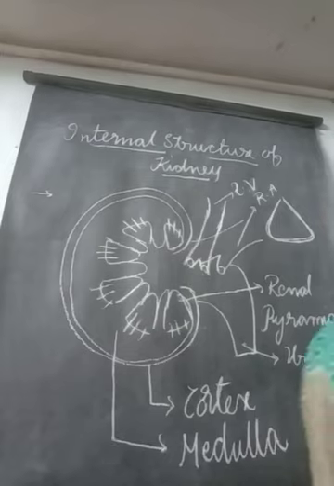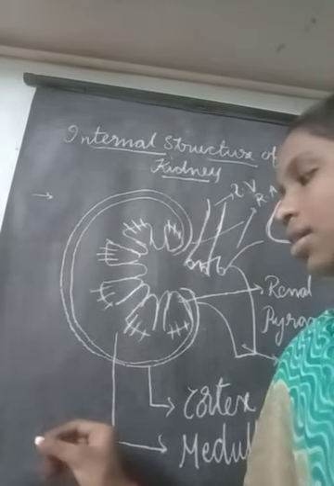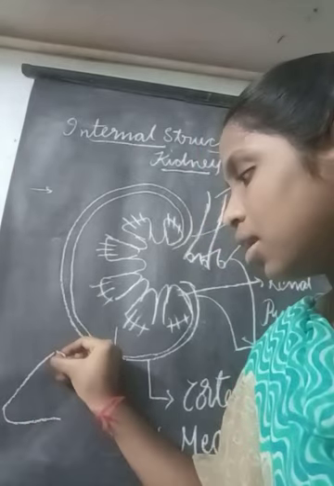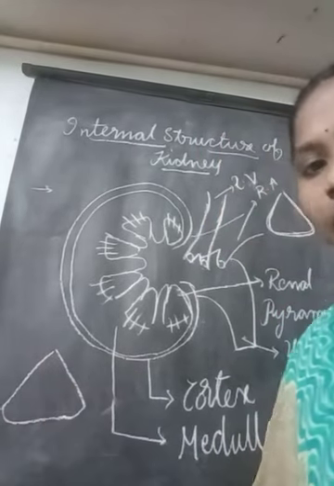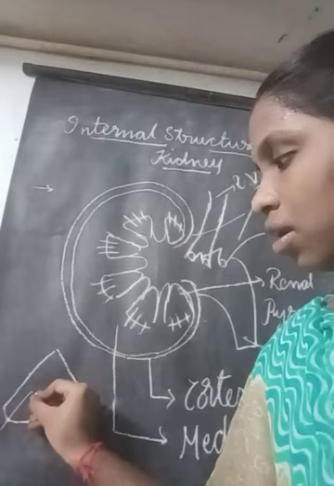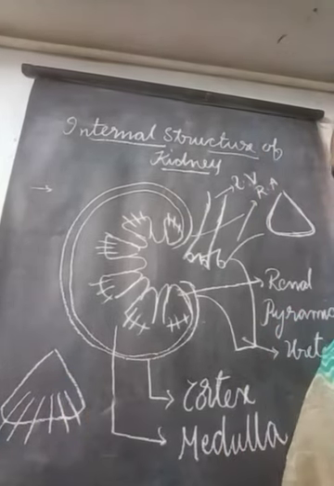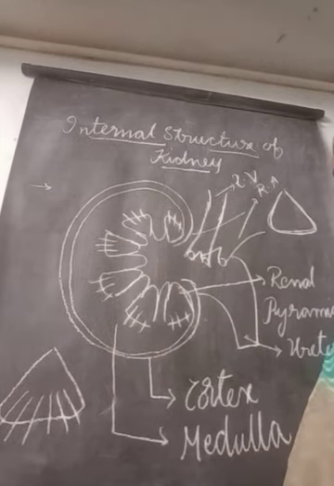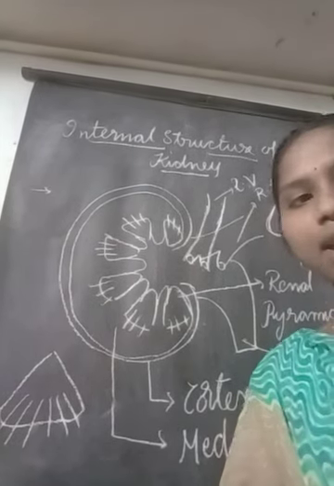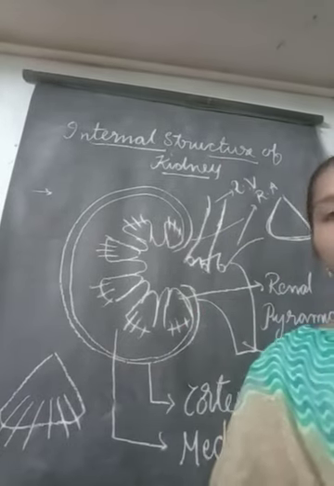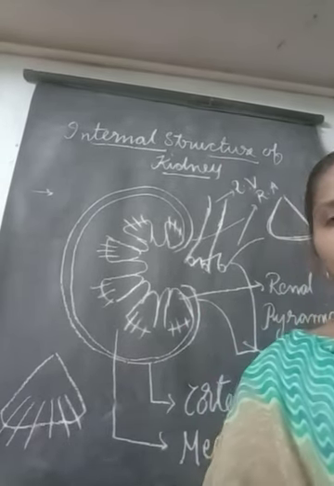Now, see the inner content of the renal pyramid. In the renal pyramid, we have drawn straight lines. Those straight lines are nothing but parts of the basic unit of our kidney.